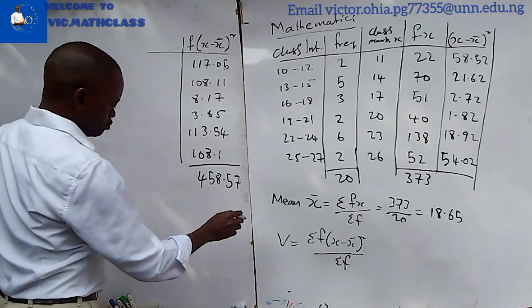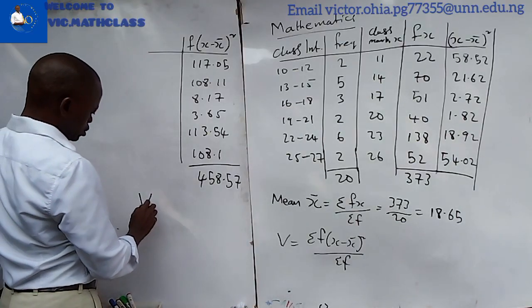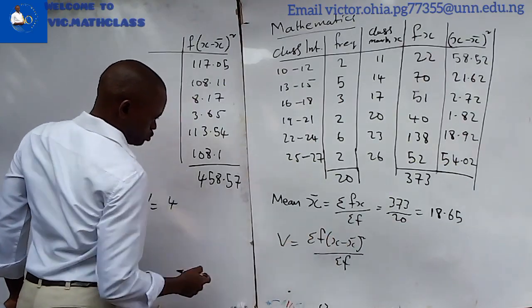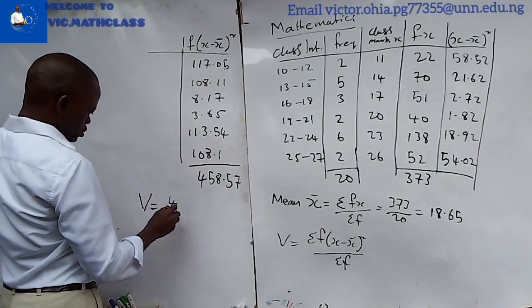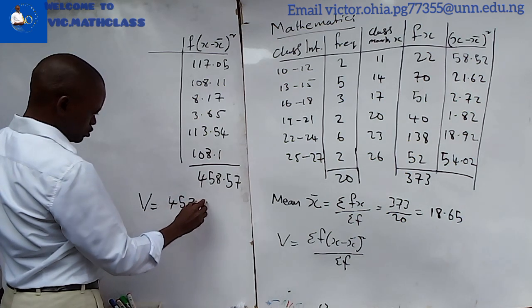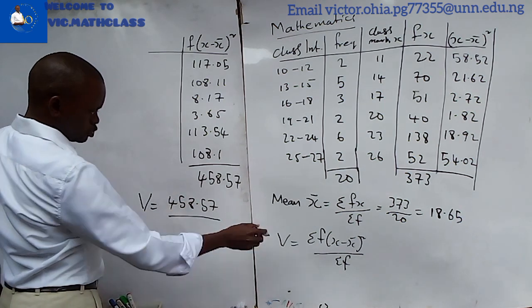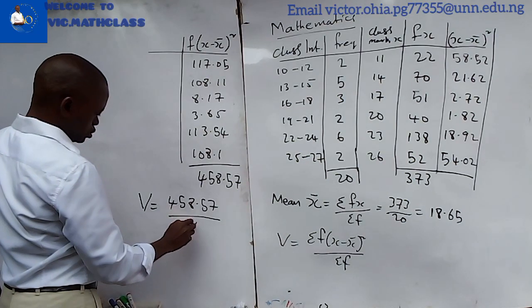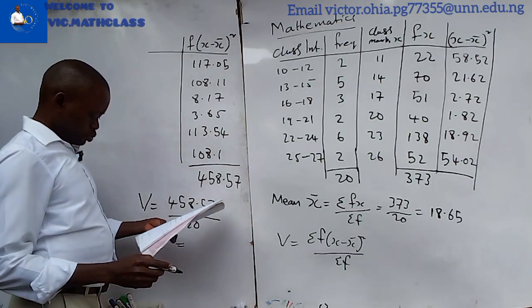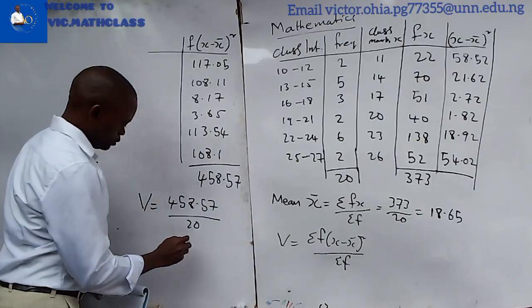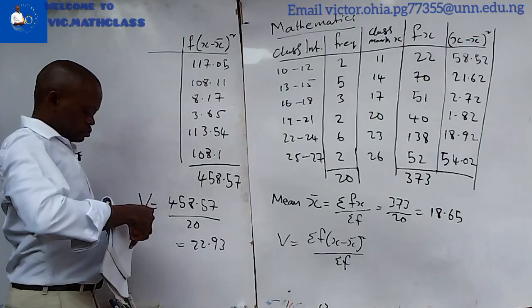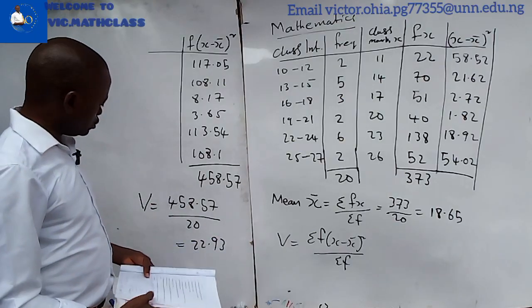So down there, our variance is going to be the sum of frequency times x minus x bar squared, which gave 458.57, divided by summation f, which is 20, and our result gave us 22.93. That's what the variance is.